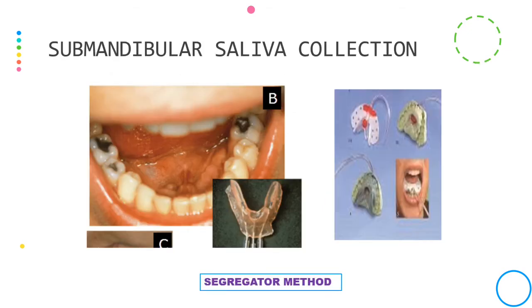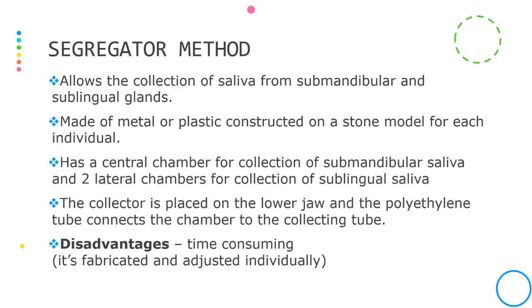So moving on to the submandibular saliva collection, it is commonly collected via the segregator method. The segregator method allows the collection of saliva from both the submandibular and sublingual glands. The device used in this method is made of metal or plastic, constructed on a stone model for each individual.